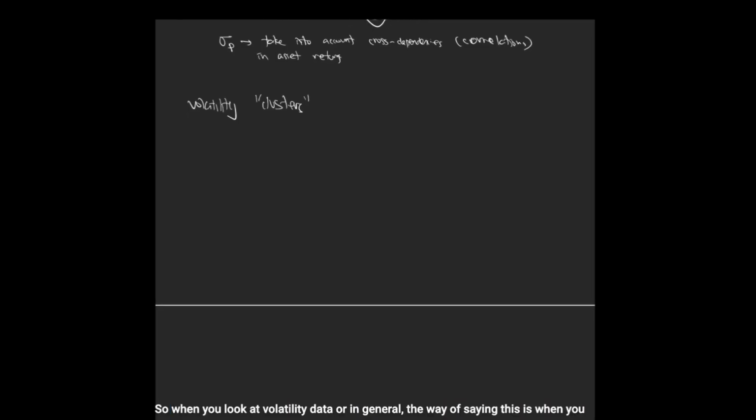So when you see significant or high levels of positive returns or high levels of negative returns, when you see big shocks in the market, these shocks tend to result in further shocks in the market that result in high levels of market movements. Whereas on the other hand, if nothing is happening in the market, the volatility is low, then it is also likely that there will be very low levels of activity in the market.